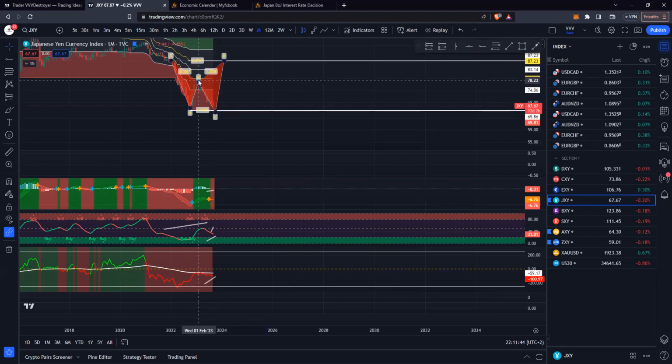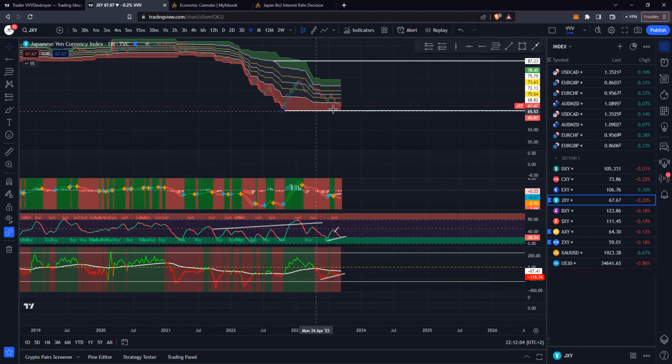Okay, what we can witness on this chart. But first a down move and then an up move, which means that the Bank of Japan should raise interest rates in the coming months. I'm not saying yet, but in the coming months.